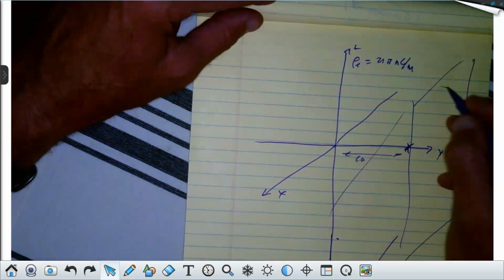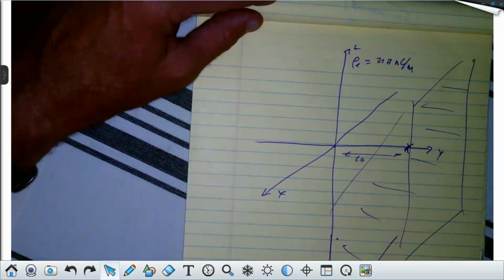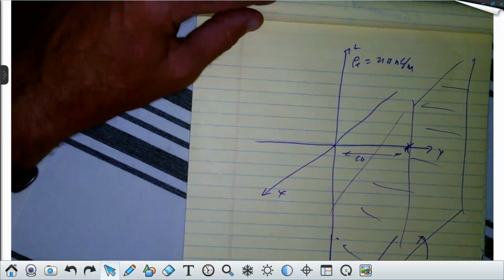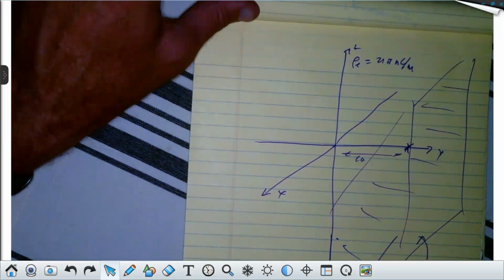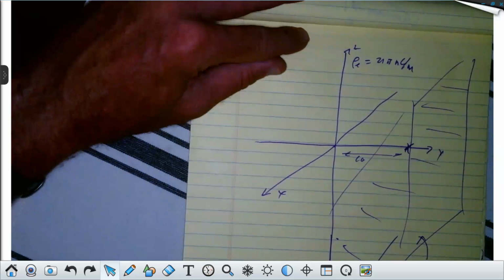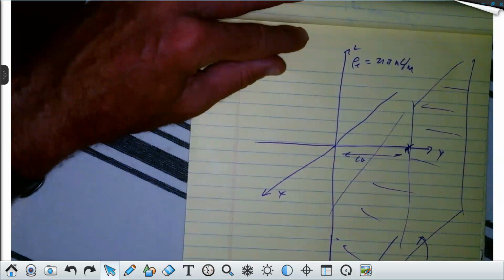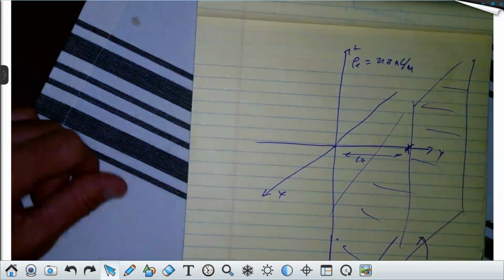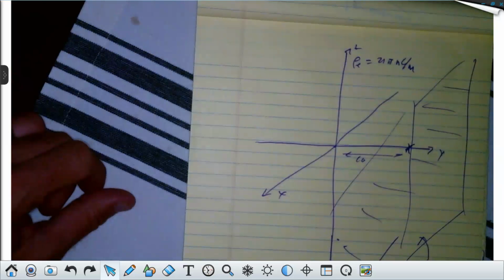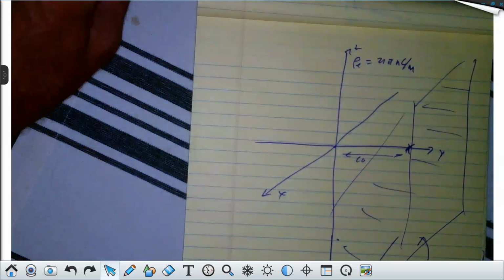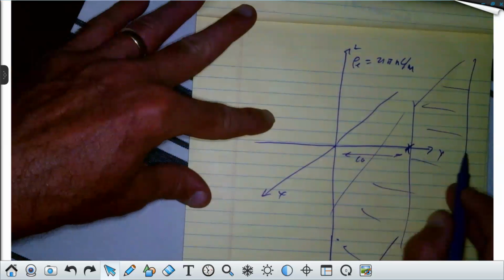This is going to be an infinite plane of charge out here, and the charge density rho s is equal to 3 nanocoulombs per meter squared. You get the idea, right? And then he says, find the point on the y-axis where the electric field is 0. Well, here's the y-axis, right?